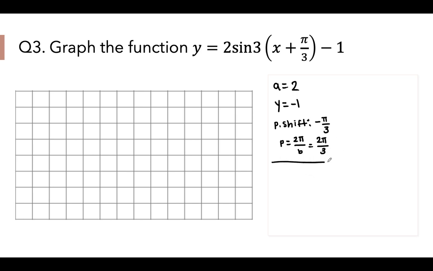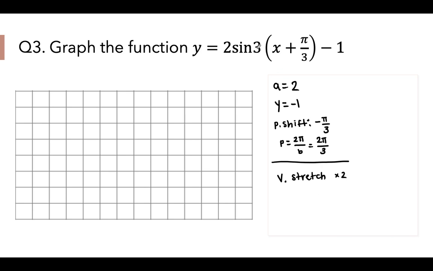So using this information, let's do some description for all the transformations. So A is vertical, and it's positive, so it's greater than 1. So it's a vertical stretch by a factor of 2.